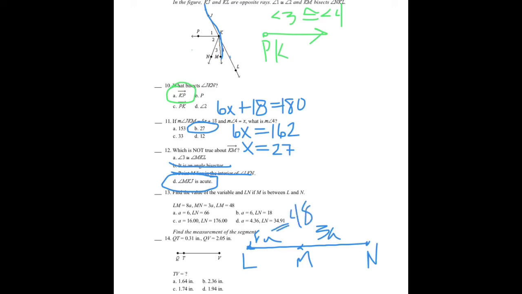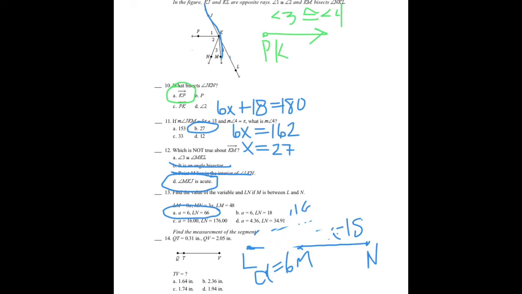So 8a equals 48, which means a equals 6, which means this piece equals 18. So what is the measure of LN? 48 plus 18 is 66. So a equals 6 and LN is 66. Your answer choice should be letter A.